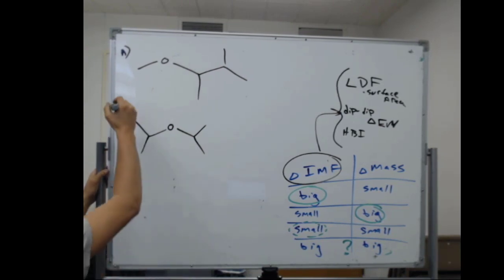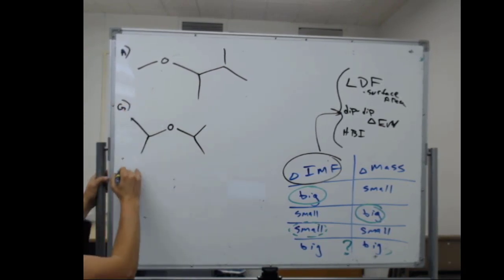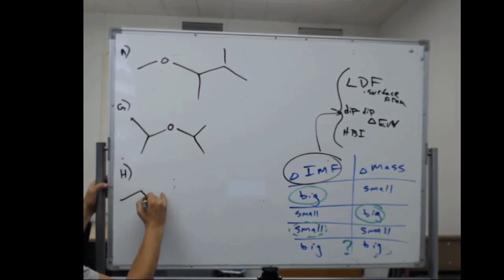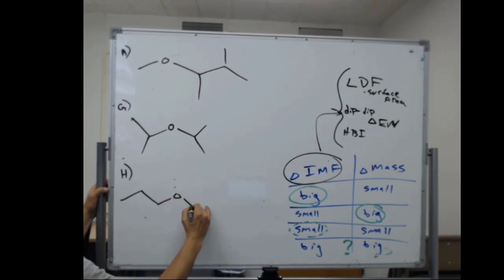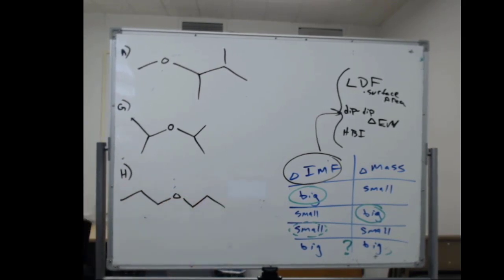And then compound H is going to be like that. So here's the first thing we want to look at: are the differences in mass between these compounds big or small? Turns out they're all the same. Small. Right? Yeah. It's 0.